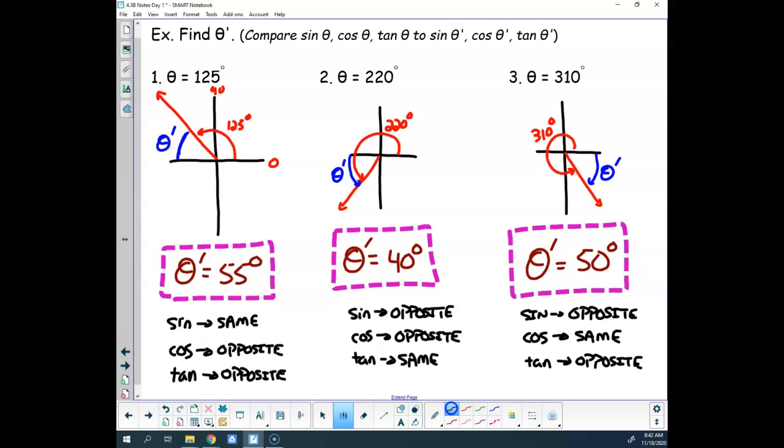So sine's the same, the other two would be opposites. In quadrant 3, tangent's positive, the other two would be opposites. In quadrant 4, cosine is positive, the other two would be opposites. Okay? So that's why that happens.